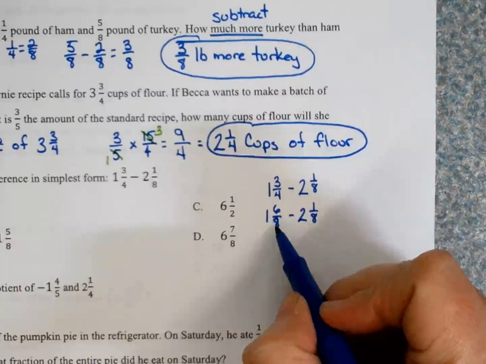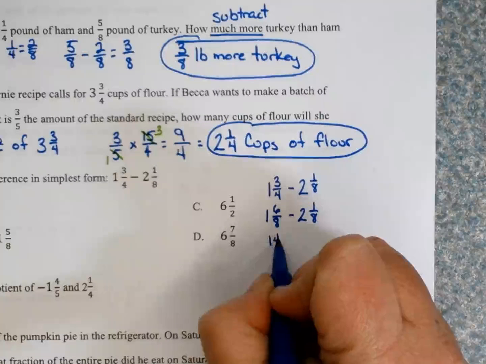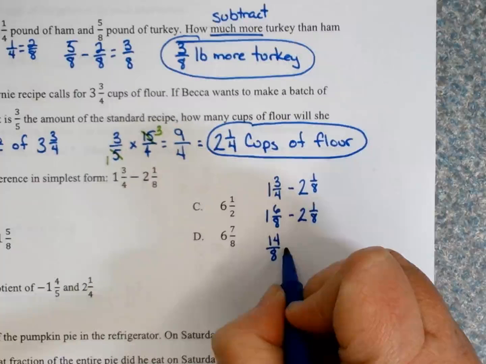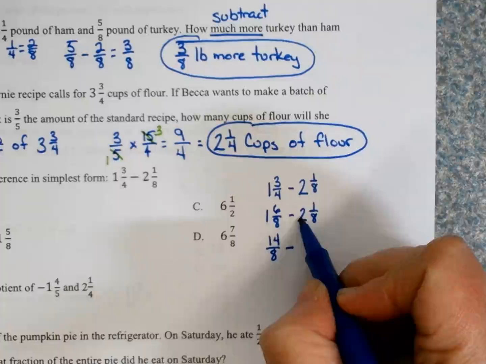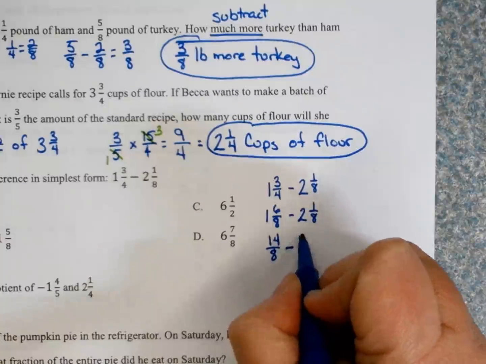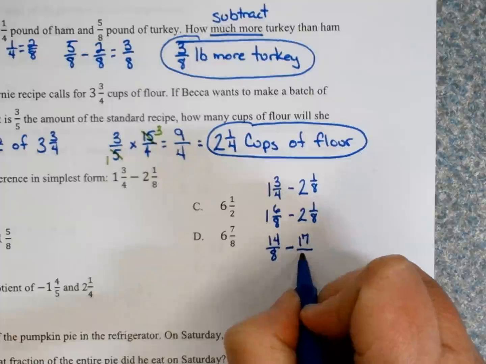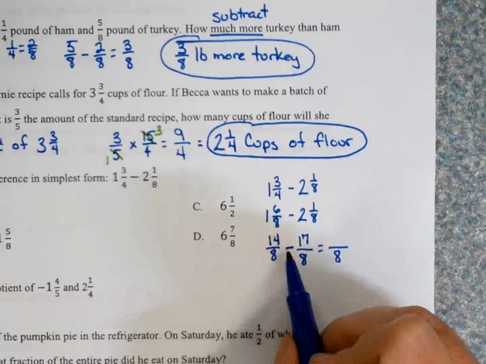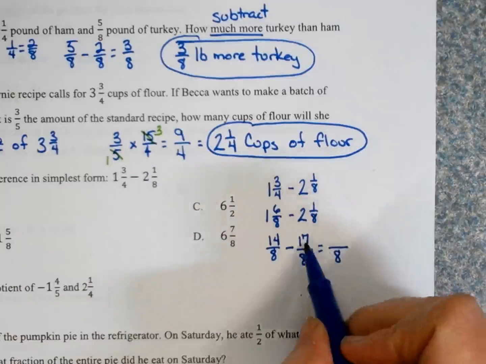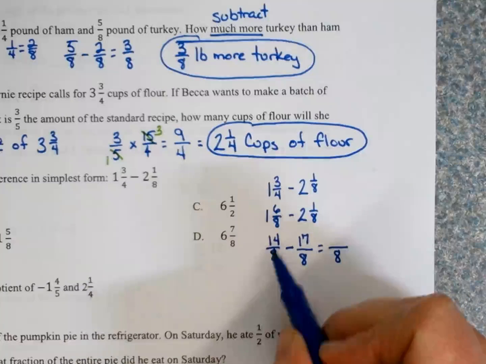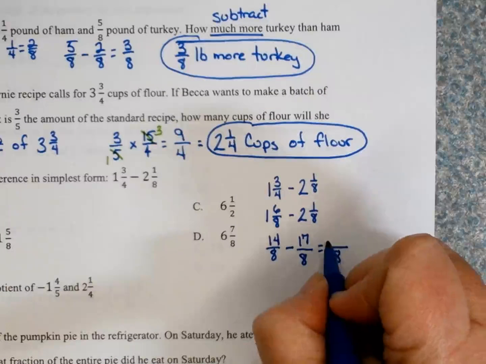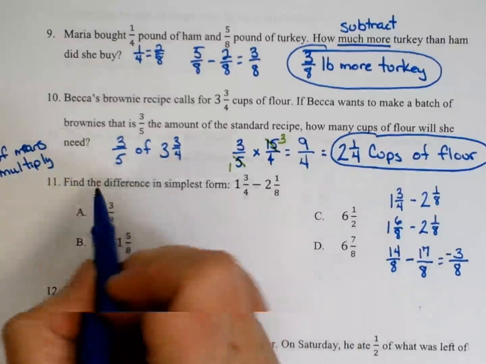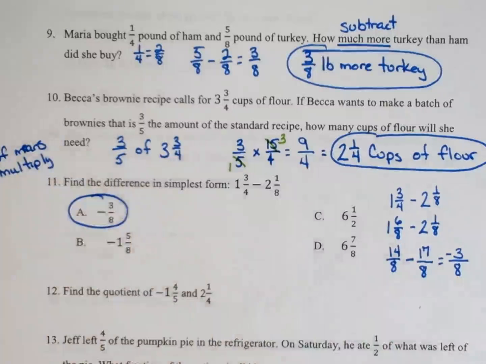Okay, so this would be 14/8, because 8 times 1 is 8 plus 6 is 14, minus 8 times 2 is 16 plus 1 is 17. And then I know my denominator is going to stay the same. So now I have 14 minus 17. I'm going to subtract these two, their absolute values, which is going to give me 3. 17 is larger, so I know it's going to be negative 3/8, which is A.